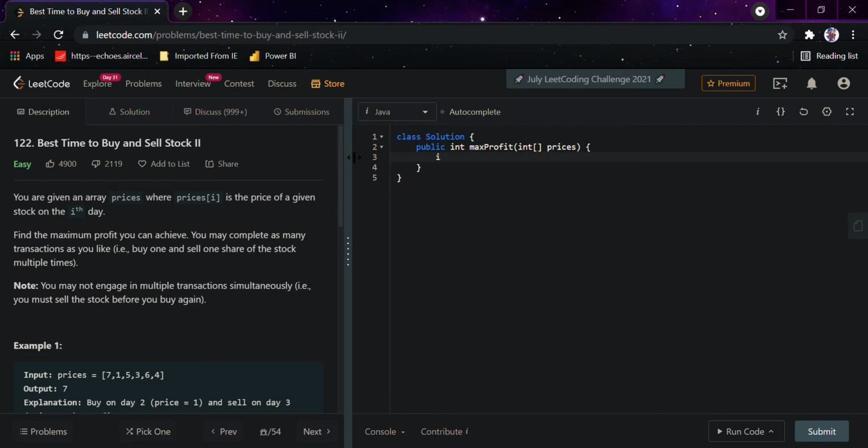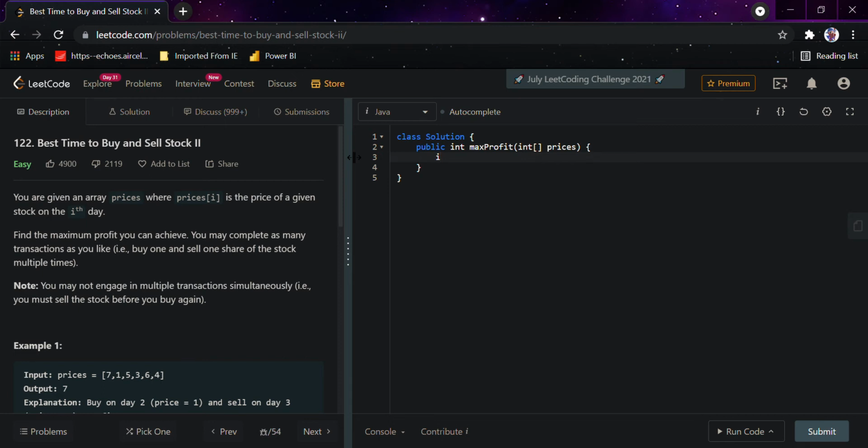So the first method is we would simply declare a variable, profit, and set it to 0, and then iterate throughout the array. If the element has a greater value than the previous element, we calculate the difference between both of them as profit, and we get the whole profit from the array.